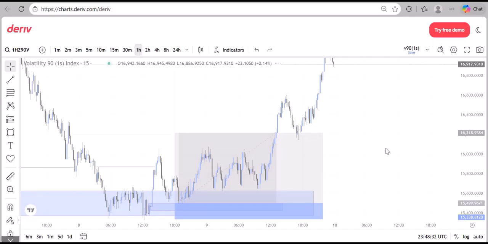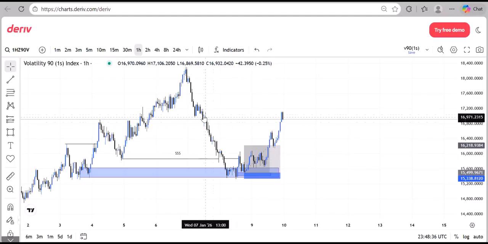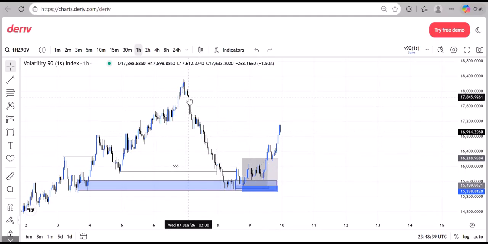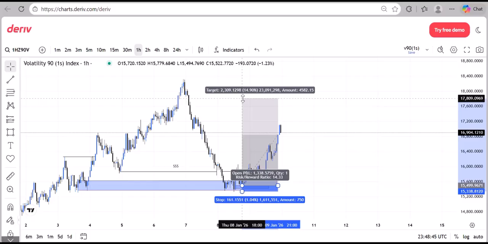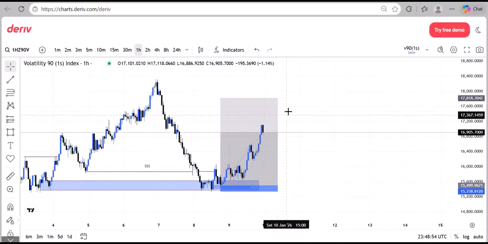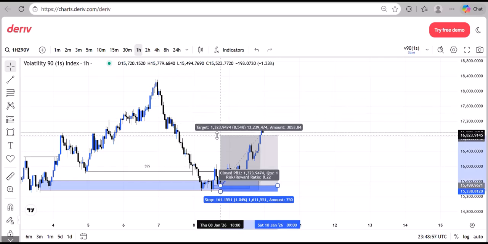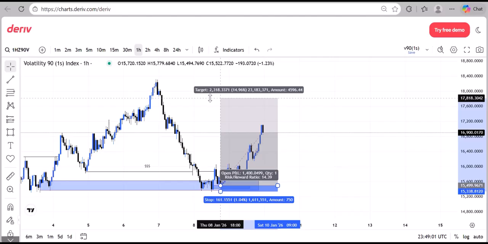I'm currently in this trade. The trade is still running, so I've actually not exited the trade yet. This is actually my target, but I have taken some partials around here. Price can retrace through at this place, but this is where we are targeting, and we have taken partials here, and we are still waiting for price to come down to this order zone.